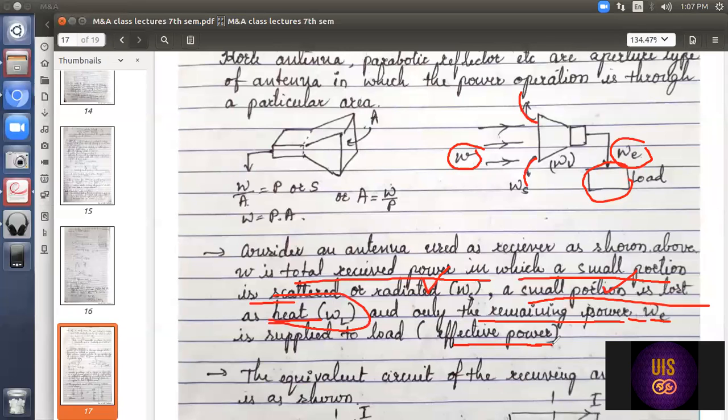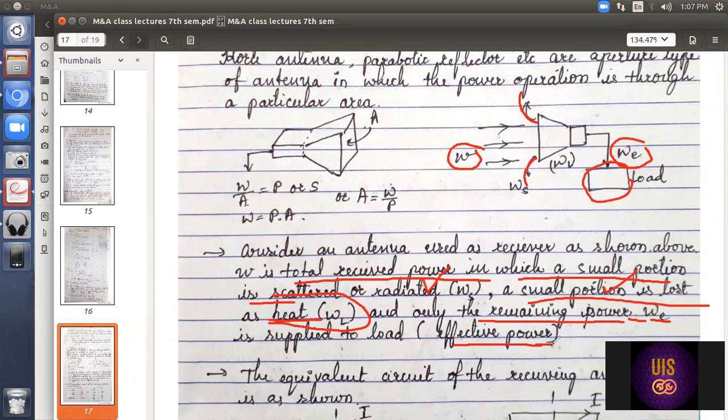Let me give you one example for this. Try to imagine a pineapple. When you buy a pineapple and get it home to eat, you cut the pineapple. Say you have purchased a 2 kg pineapple. When you remove its covering and all the skin part, the actual edible part of the pineapple will be less.